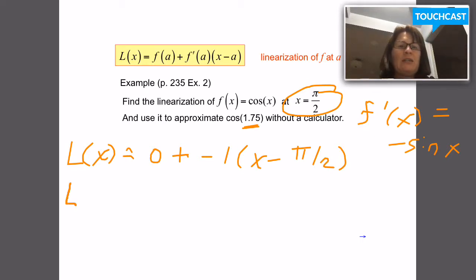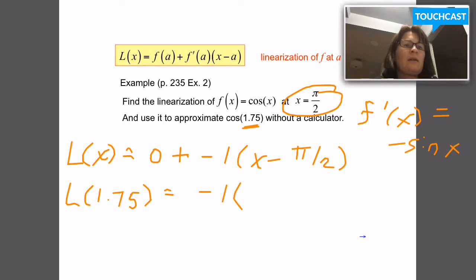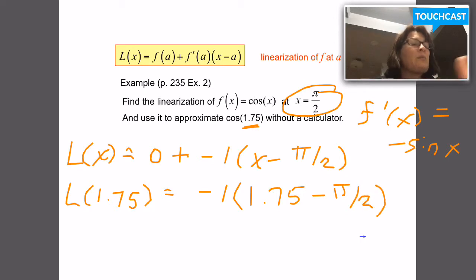So I'm going to write here, and watch the notation. L of 1.75 is going to equal 0 plus negative 1 times 1.75 minus pi over 2. And remember the whole idea from that first part of the slide, and this is on your notes paper too, checking.